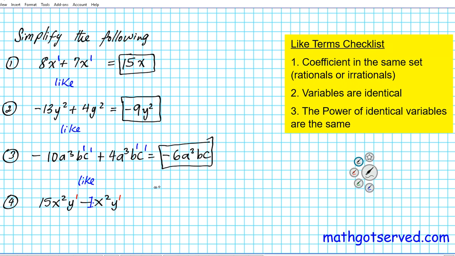All right, so these two are like terms. What does that mean? It means that we can combine them. You combine the coefficients and bring down the variable component. 15 minus 1 is 14. Bring down the variables x squared y. Alrighty? And that goes the answer to question number 4.